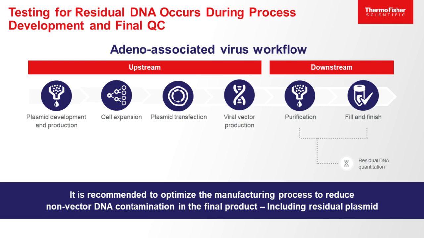After bulk harvest, it is important to optimize the downstream purification process to reduce the amount of not only residual host cell DNA, but also residual plasmid DNA. Such process-related impurities arising from upstream processes need to be cleared for final QC and lot release of the drug product and must be within acceptable safety levels.